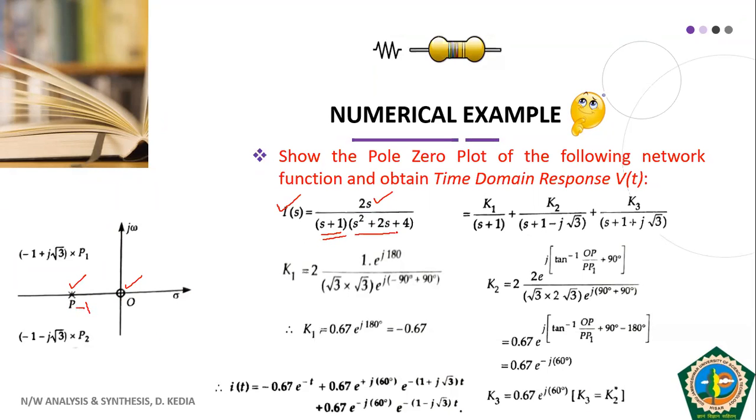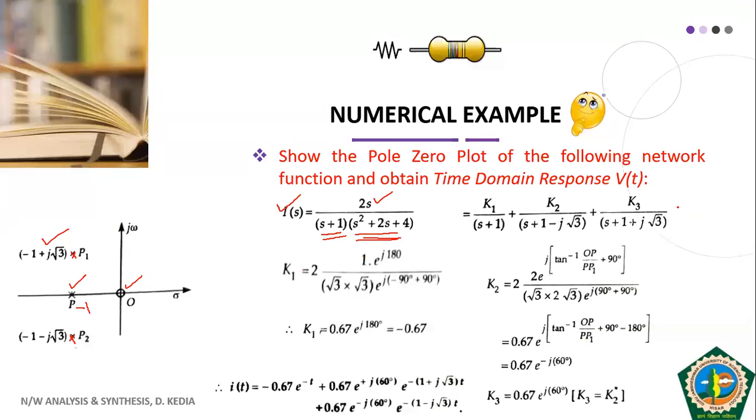Now if you factorize, you will come across 2 more poles, with values minus 1 plus root 3j, represented here with a cross, and another pole, minus 1 minus root 3j. It gives us complex conjugate roots, which occur in complex conjugate pairs. So there are 3 poles and 1 zero.